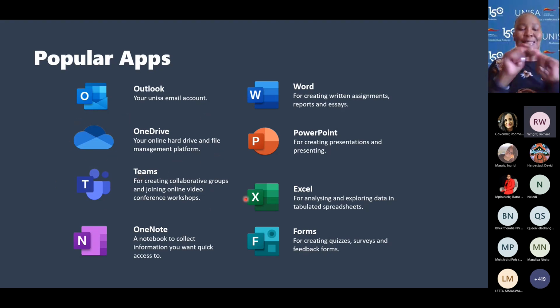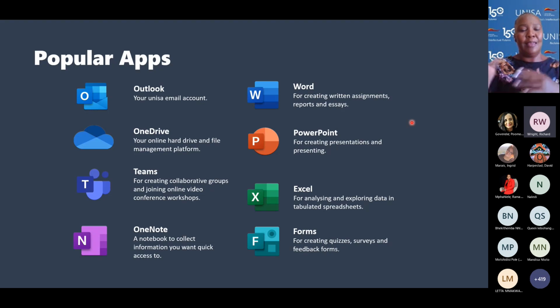As you know, Teams is being used quite a lot now in the university for online workshops, but also for group work, especially if you get to postgraduate level. You'll have to work in groups quite a lot, and then it becomes really valuable to know how this works. And then we'll also look at OneNote, where you can quickly take notes of your studies or anything that you want to remember, all in one place, and you can access it very quickly from any device.